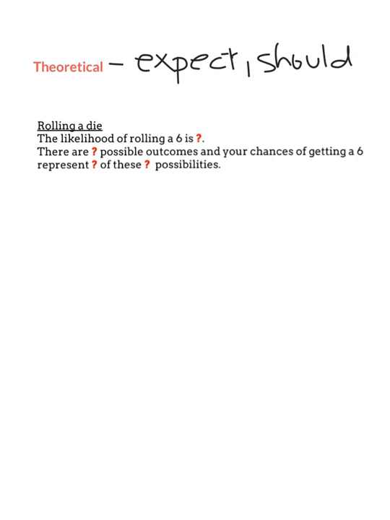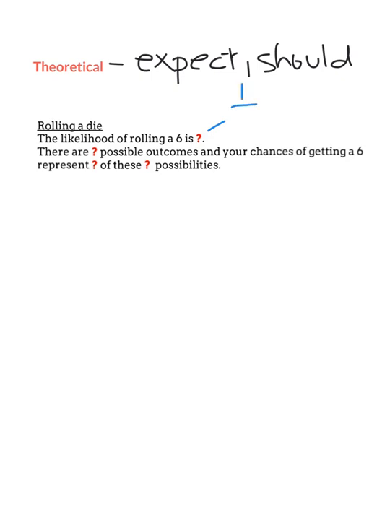In the first situation you were given, rolling a die, you were asked what the likelihood of rolling a six is. In order to fill that in as a fraction, we use the numerator to represent how many times that event should actually occur, and the denominator to represent the total amount of possible outcomes. So I know that there are six sides on a die, numbers one through six. Six is only one of those numbers.